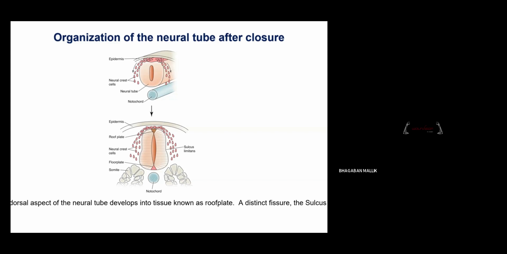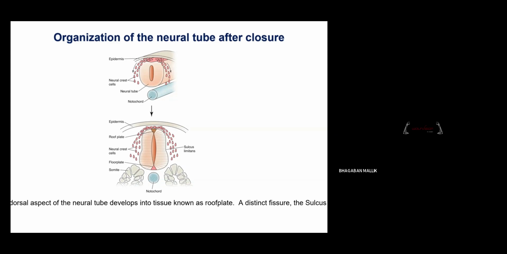During the further development of the neural tube, you have initiation of certain structures. First, you have initiation of the floor plate in the ventral region of the neural tube, and the roof plate in the dorsal region. Between these, along the dorso-ventral axis, you have formation of another structure called the sulcus limitans.